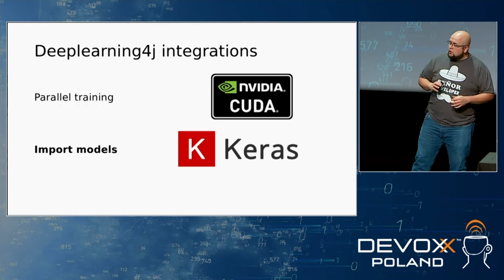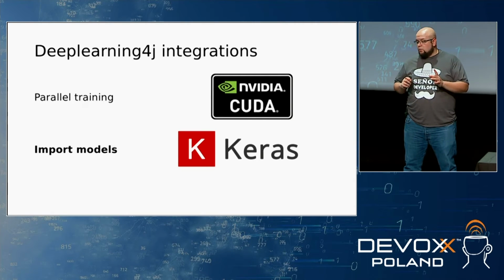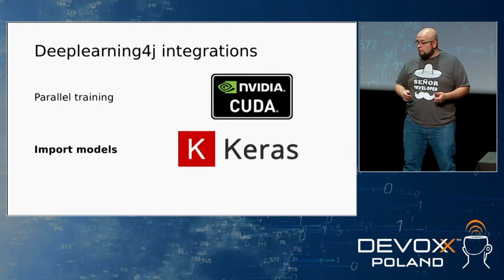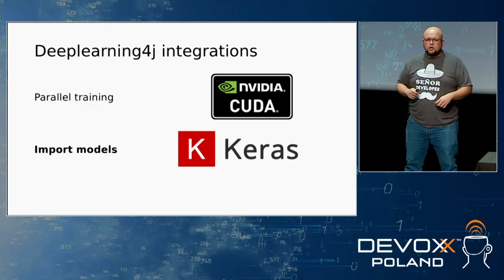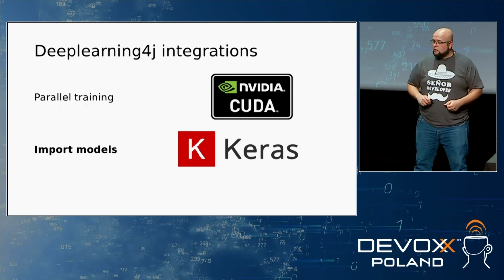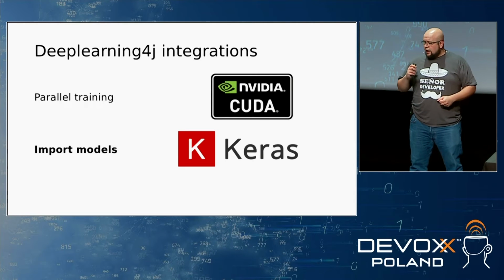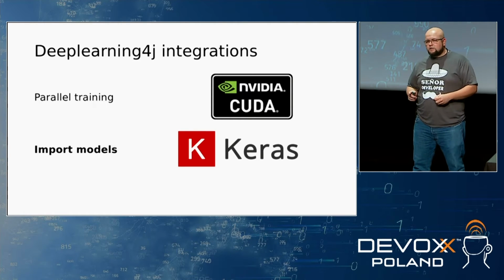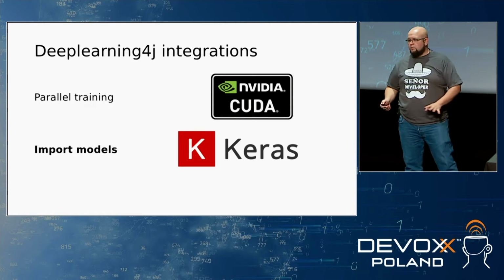You can also integrate with CUDA, if you have the GPUs available to do parallel training. And this is a cool thing. You just need to change the dependencies that you are using, and then you are using CUDA. And you can also import models from Keras. And I find this one interesting, so I will dig a little bit deeper into it.